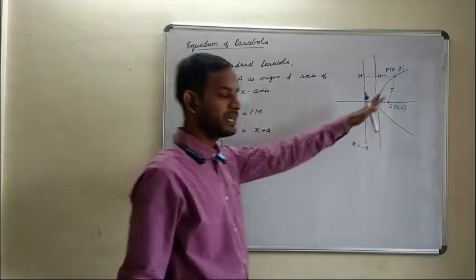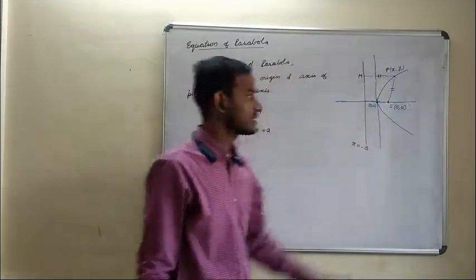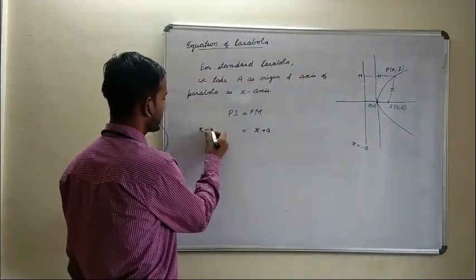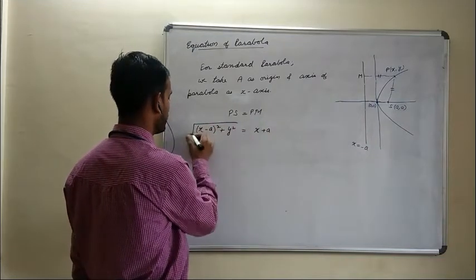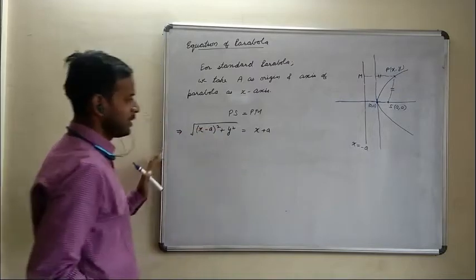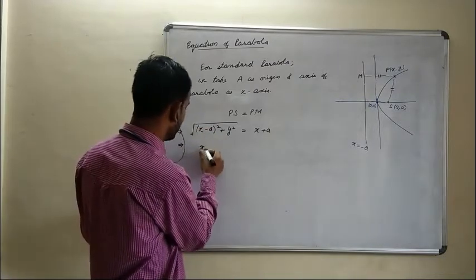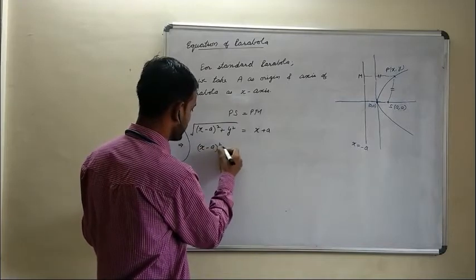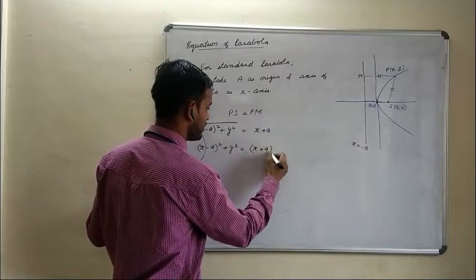And as far as PS is concerned, we can use the distance formula between P and S. So it would be the square root of (x minus a) whole square plus y square. Now let us simplify this equation. Squaring both sides, we get (x minus a) whole square plus y square equal to (x plus a) whole square.